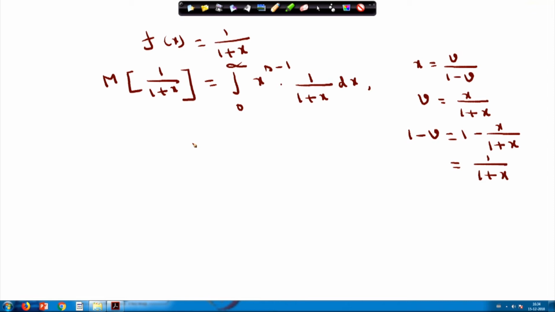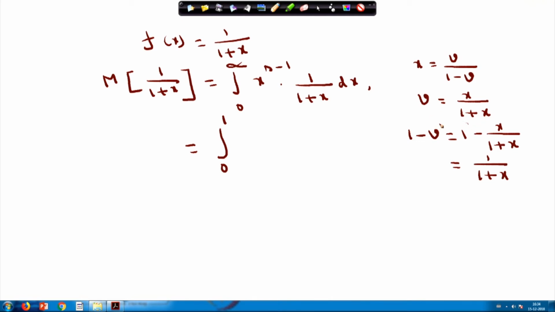So, if I put it here, you see your v is x by 1 plus x and x is v by 1 minus v. Whenever x is 0, your v is equal to 0. And whenever you put x equals infinity, the limit becomes 0 to 1, because the value of v will be 1, since x by 1 plus x I can write as 1 minus 1 by 1 plus x.